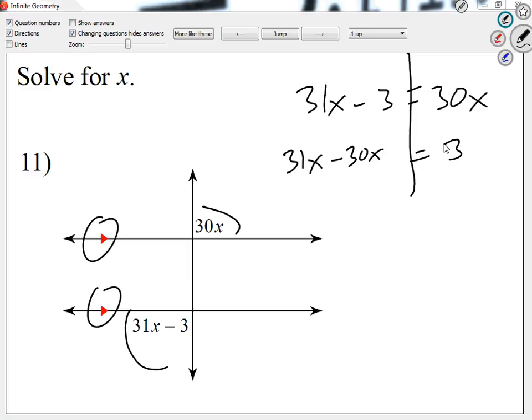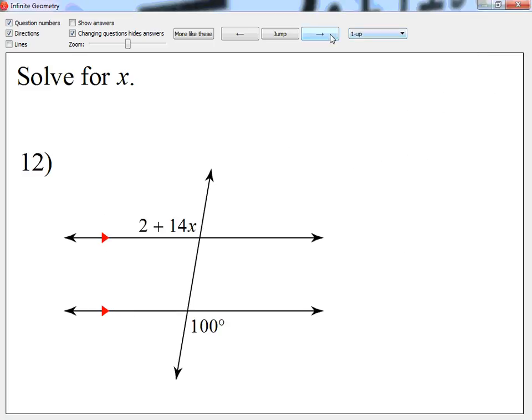My 30x on the right became negative 30x on the left. My 31x, I left it 31x because it didn't move sides. And now it's easier to simplify. How much is 31x minus 30x? 1x. 3. I think we have the solution there, right? x equals 3.